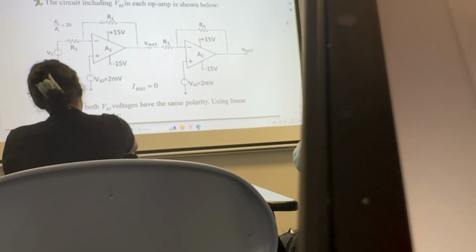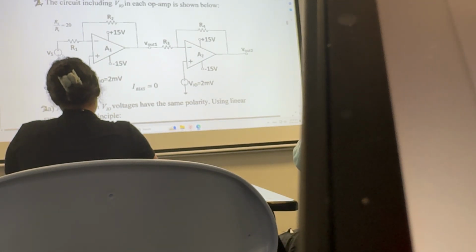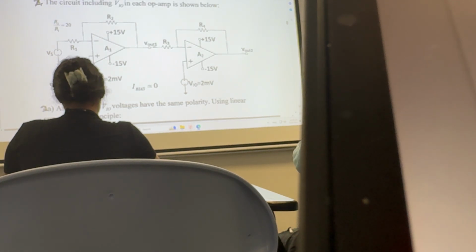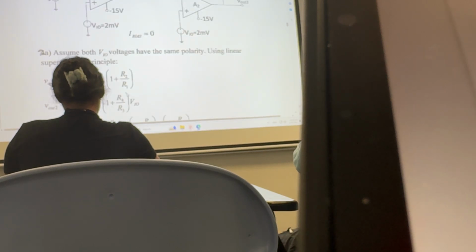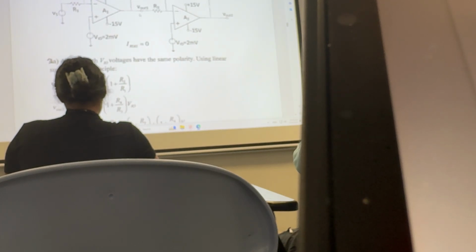Now you can see that we can use the superposition theorem, right? One source, two sources generate this point, and then another source generates another one. I think it's very straightforward. I'm not going into detail, but I think you should be able to.